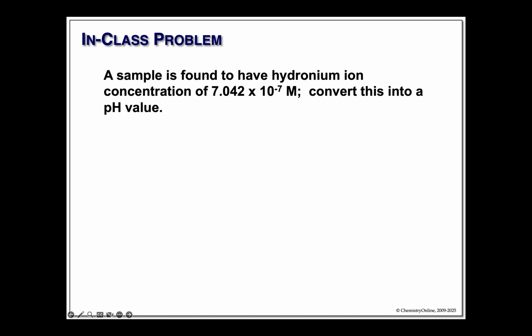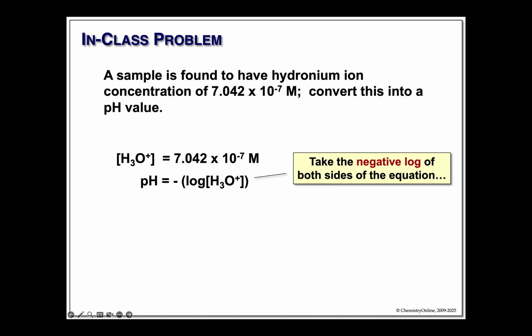All right, you know we're going to have to do this backwards, right? If I give you hydronium, what is the pH? Again, pH is the negative log of our hydronium ion concentration.